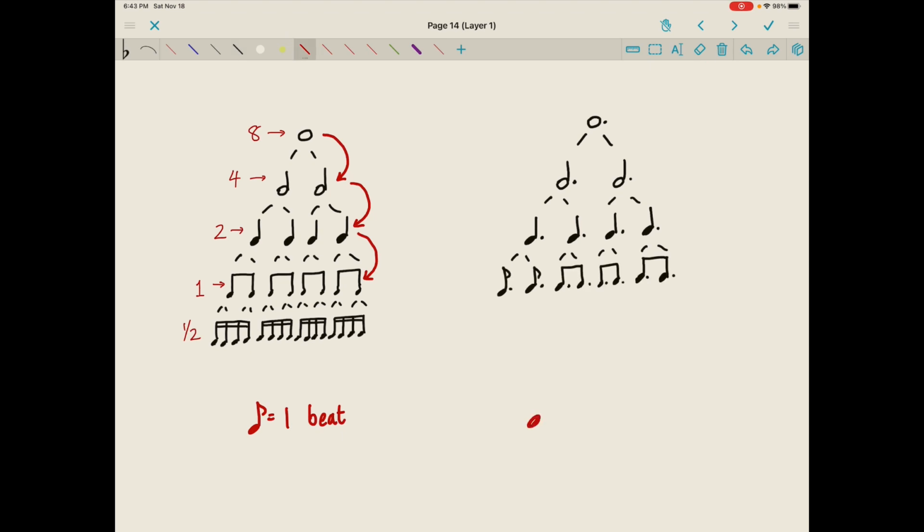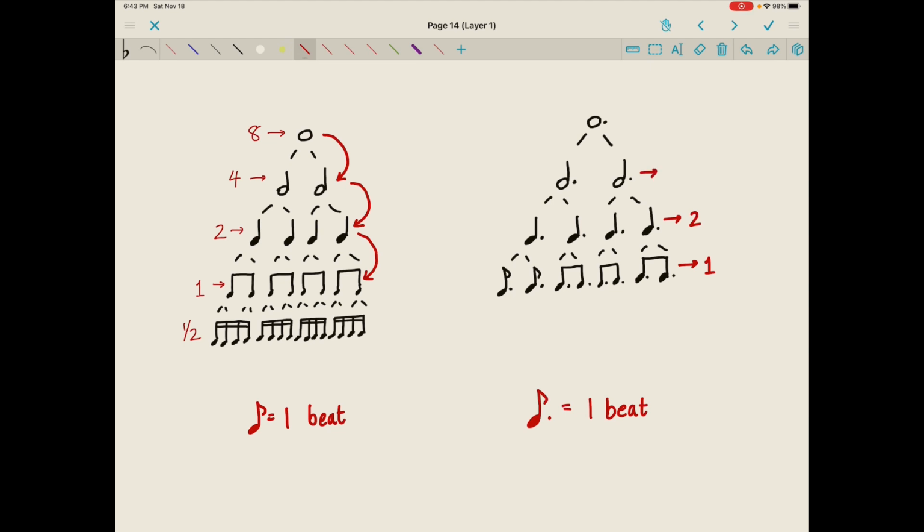If we were to designate the dotted eighth note as our beat or pulse note, we could then assign specific beat values to each of these notes in the dotted note value pyramid. For example, a dotted eighth note would be worth 1 beat. A dotted quarter note would be worth 2 beats.